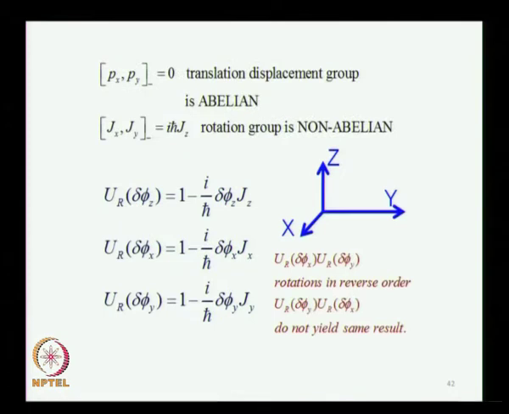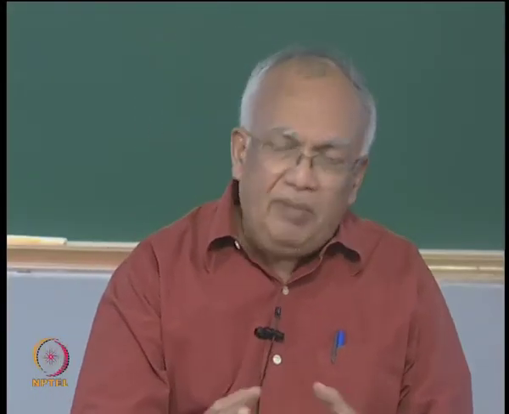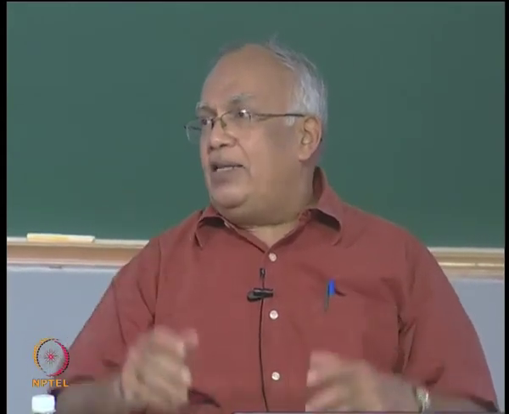and if you just consider these rotations one after another, you take any shape, it can be absolutely arbitrary, it can be this bottle or whatever you want, and subject it to rotations about the x, y and z axis.